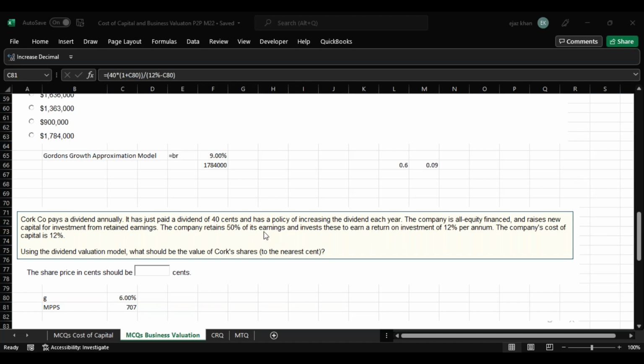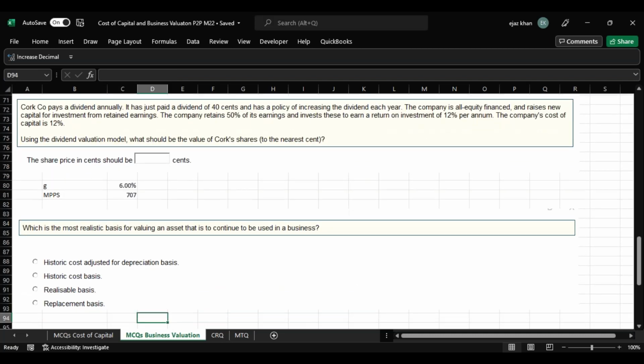Obviously, you will be marked wrong because they have asked the answer in cents, and it's a fill in the blank. So if you write it 7.07, obviously it's not going to be the answer. So you should be very accurate when it comes to fill in the blanks.